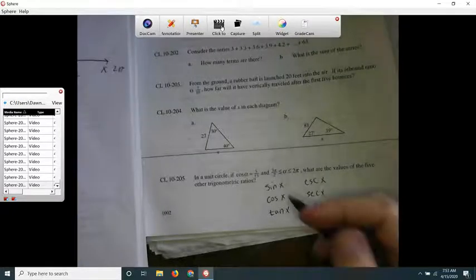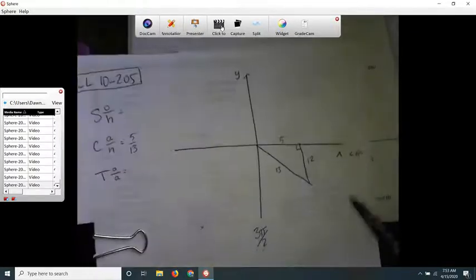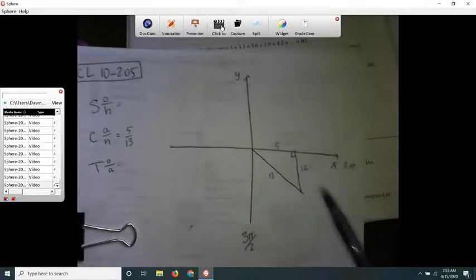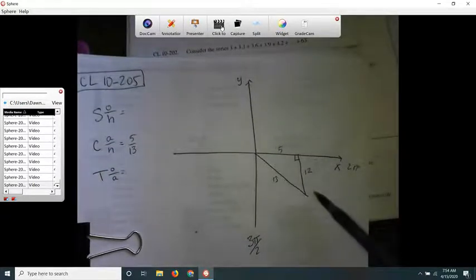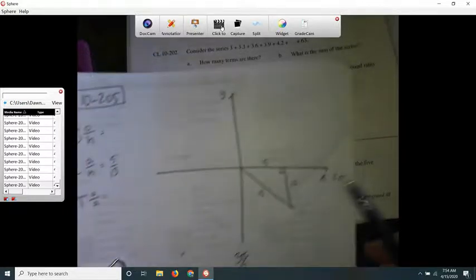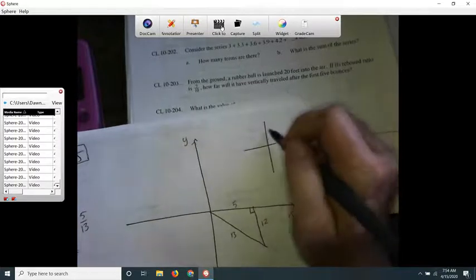So there's an easier way and a harder way to do this. I'm going to do it what I think is the easier way. So I made a unit circle, but I decided not to make it actually a unit. Like in a unit circle, here, let me make a tiny unit circle. In a unit circle, we know that the radius is 1.